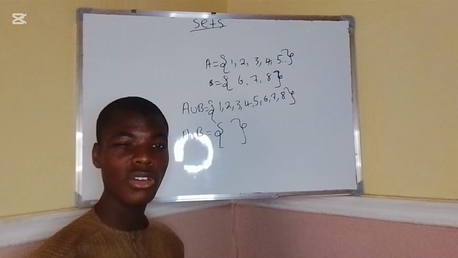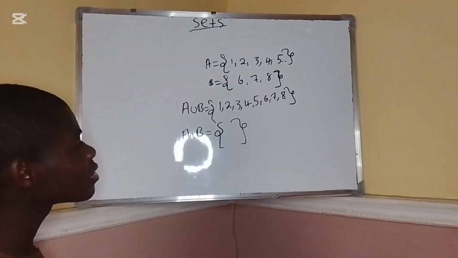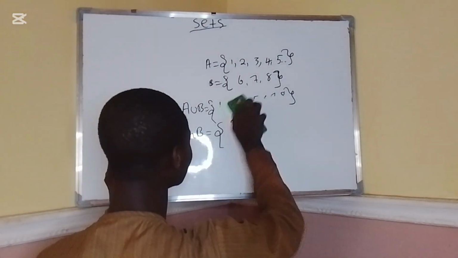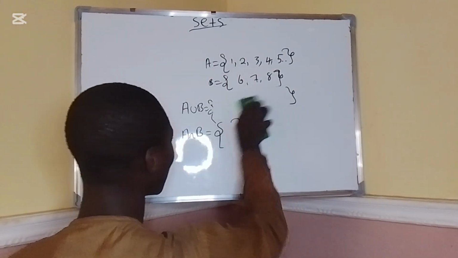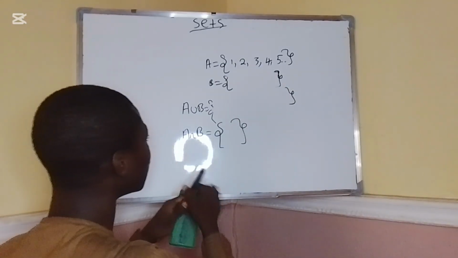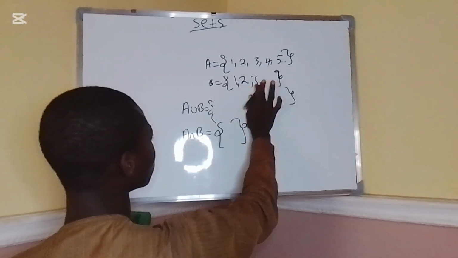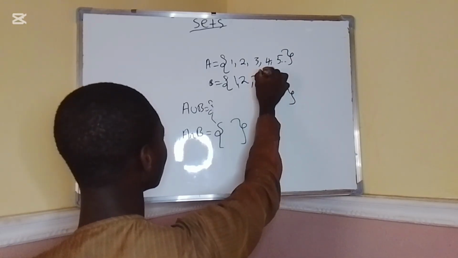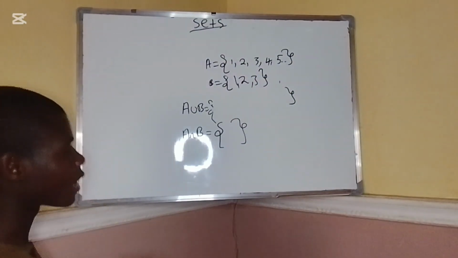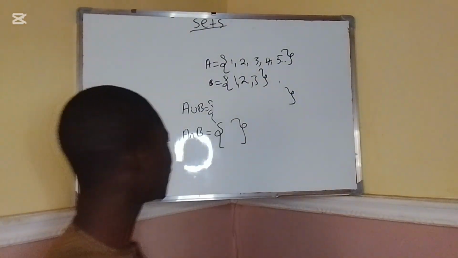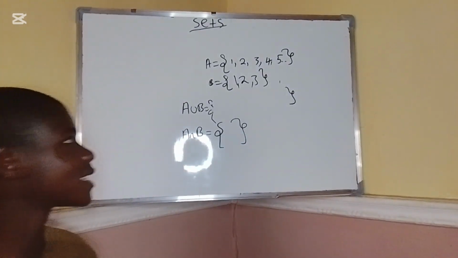But there is one more thing on union. Suppose I have only 1, 2, and 3 in this set. How can you also find the union of this set?